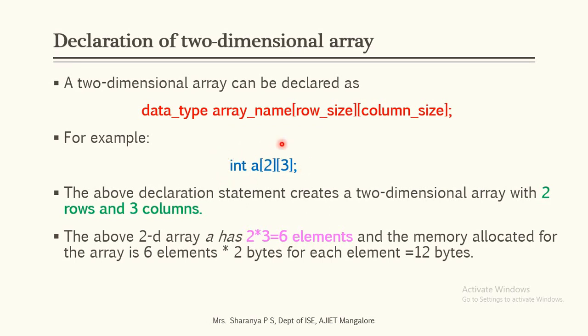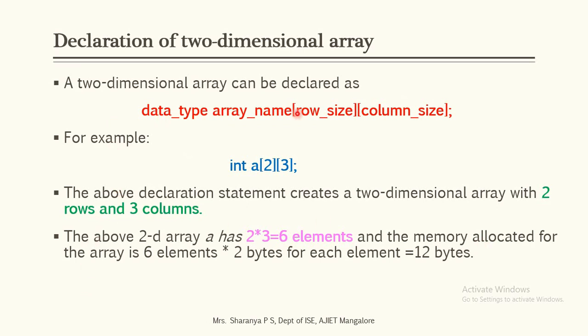So, by this statement, int a[2][3], it says it is a two-dimensional array with 2 rows and 3 columns. So it will display a matrix kind of structure with 2 rows and 3 different columns.